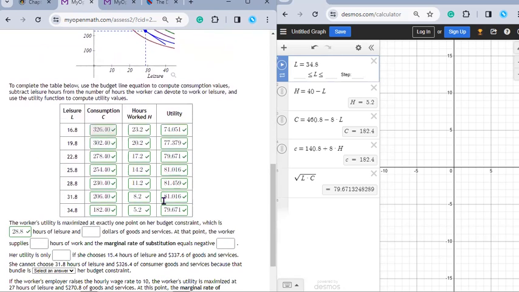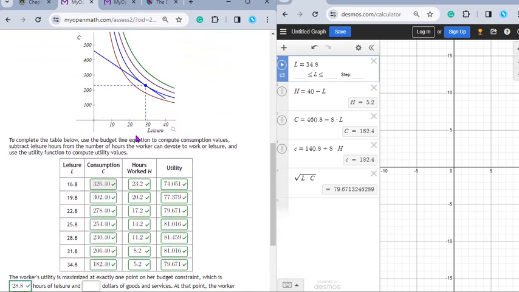Now notice when I enter 28.8 here, this value right here is 28.8. And when I go up, I get to my budget line, this blue downward sloping line. And notice it intersects the blue curve, the indifference curve, once. It's just tangent to that curve at this point.